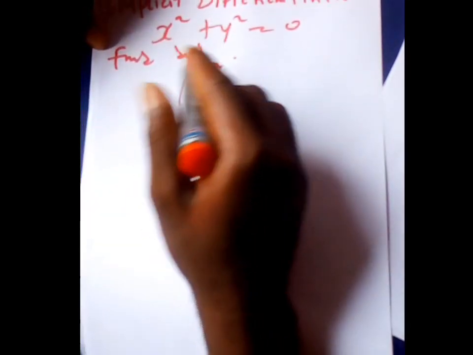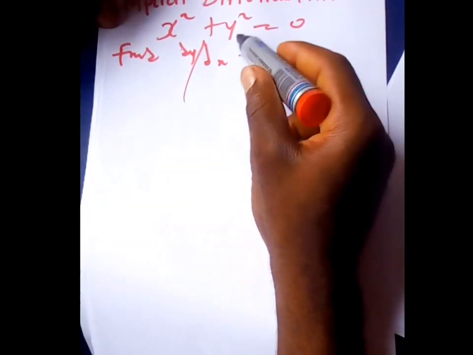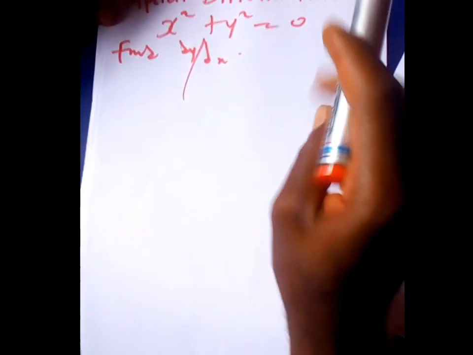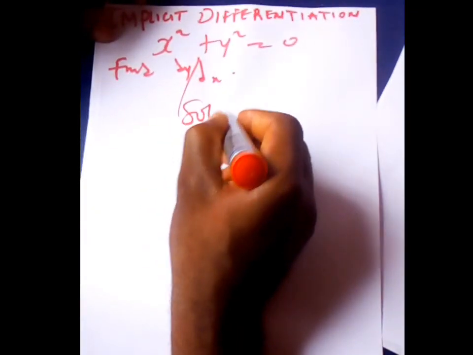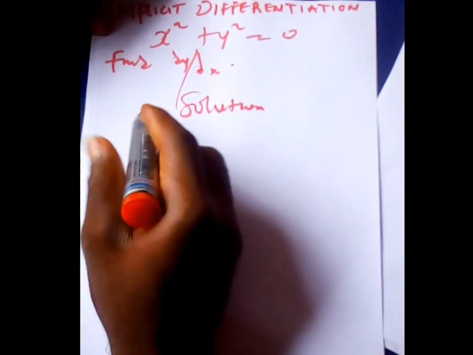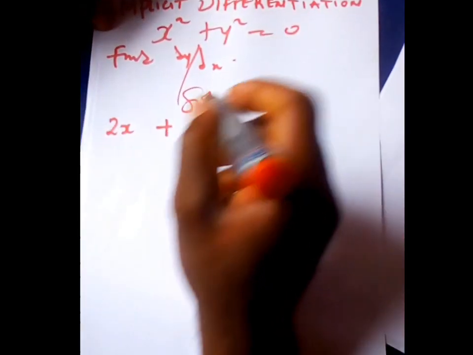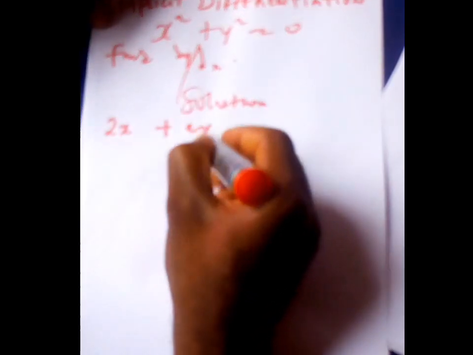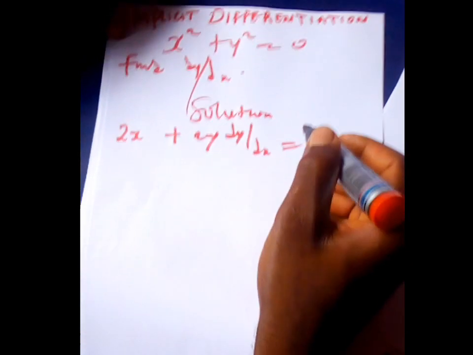Now, to find the dy dx of this function, having known that whenever we differentiate a variable y, we attach the dy dx. The derivative of x squared is 2x, plus the derivative of y squared, 2y dy dx, equals 0.